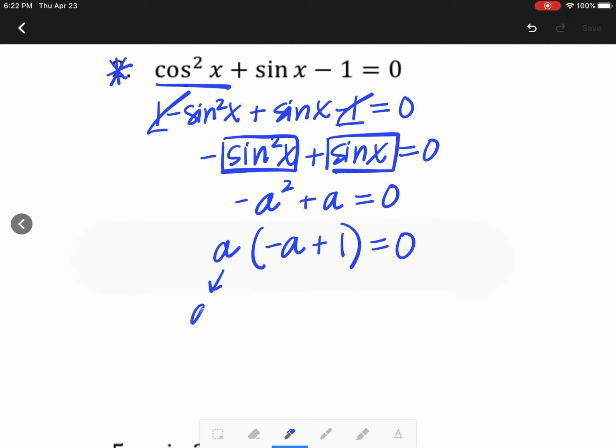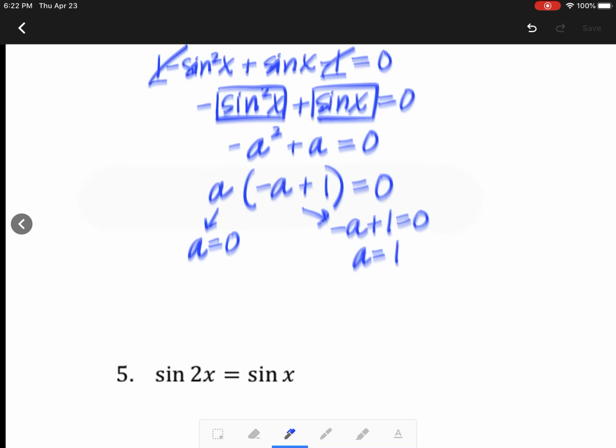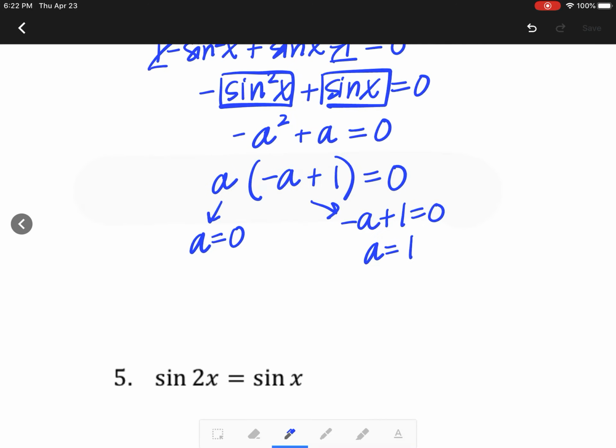And now I can set each individually equal to 0. A equals 0, negative a plus 1 equals 0, or a equals 1. So now I have to remember this wasn't actually a, this was sine x. So sine x equals 0 and sine x equals 1.